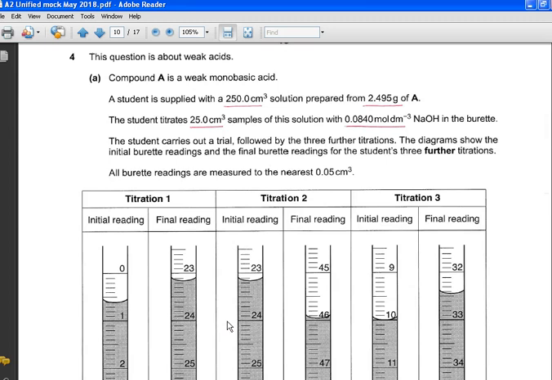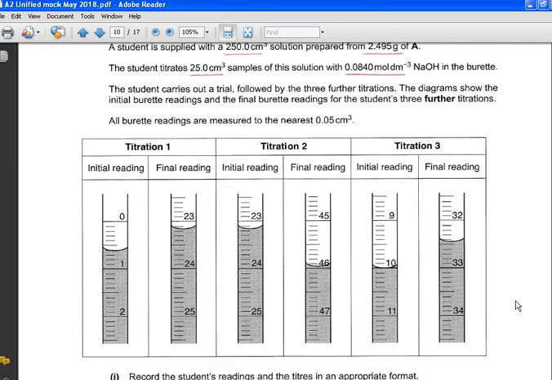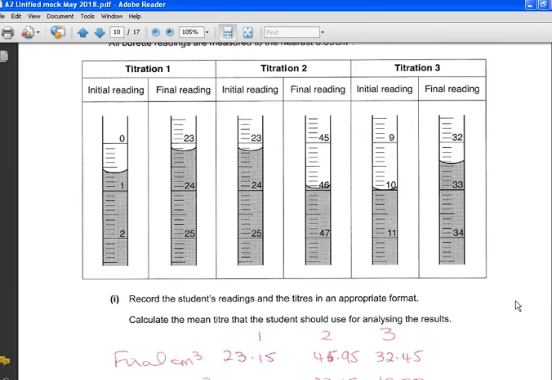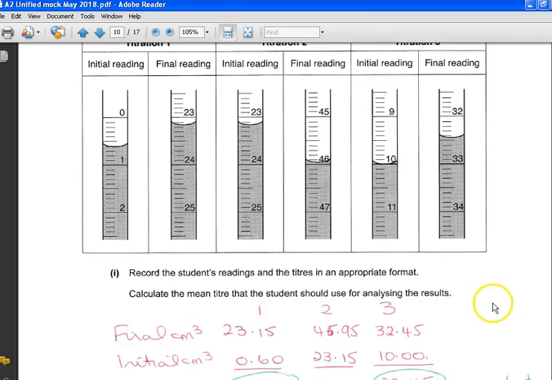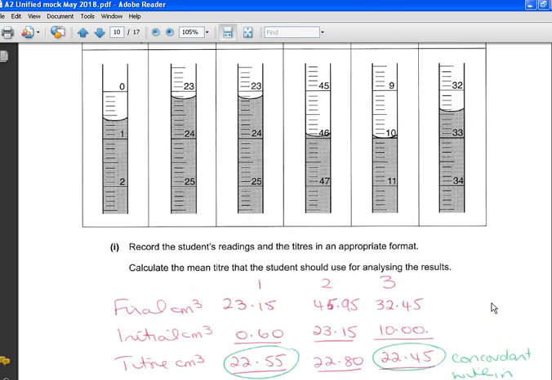Now this seemed to cause a few problems, so it's very important that you are aware of how you read a burette, and also how you calculate the average titre. You're given 3 different titration readings here, and you're asked to take the reading from the burette, and a number of you didn't quite get it right. You're looking at the meniscus, where is it sitting? In this case it goes 0.1, 2, 3, 4, 5, 6, so it's 0.6.